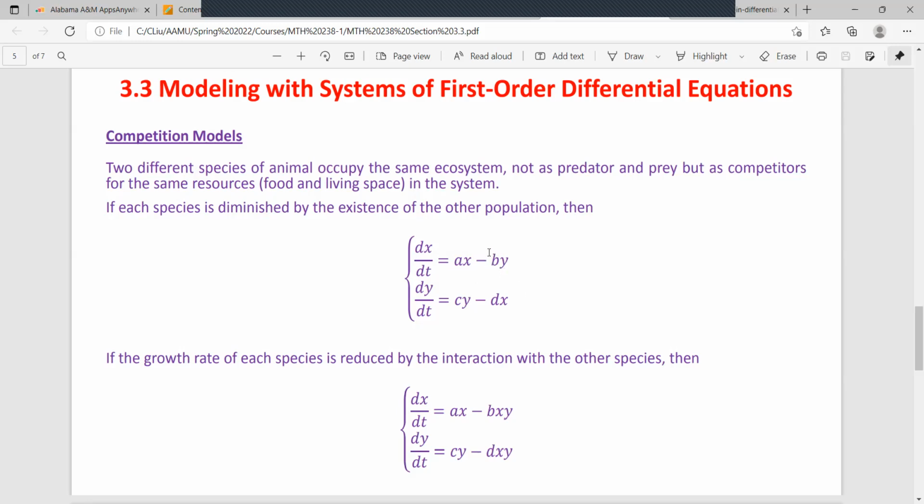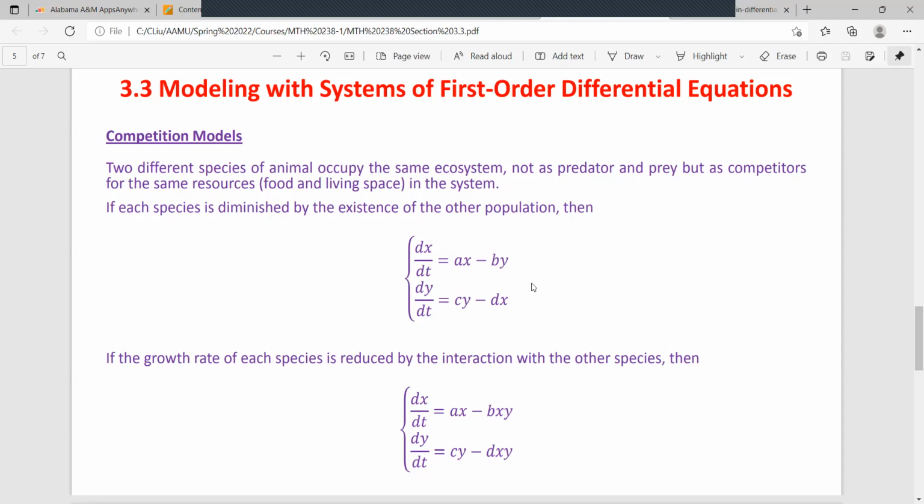The resources are consumed by the other species, and that will cause a decrease of the population of the first species, right? So it's negative. And similarly, dy/dt = cy - dx, where c and d are also constants, and that's exactly the similar situation for the population of x. So they're both just affecting each other, but they are not the food of each other. They just compete for the resources. So this is another model.